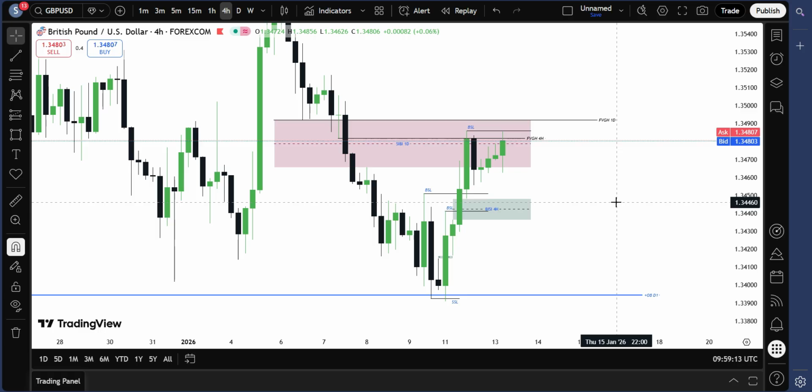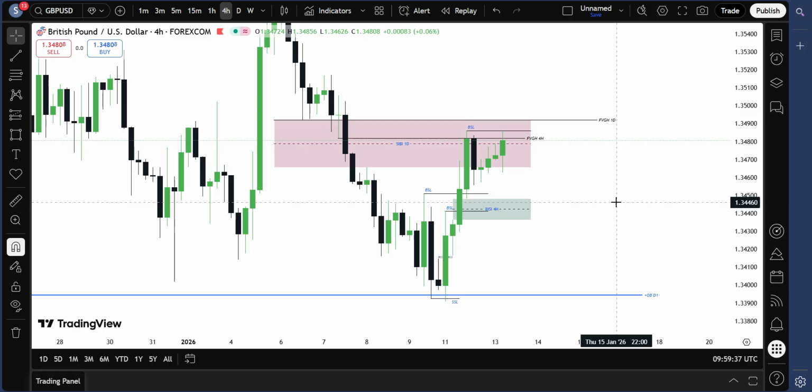So remember that according to the model, we have to identify what price has done by the close of the 6 a.m. 4-hourly candle. So has it taken out an area of buy side liquidity? Then we should be looking for price to trade to internal range at the opposite side, that is at discount.